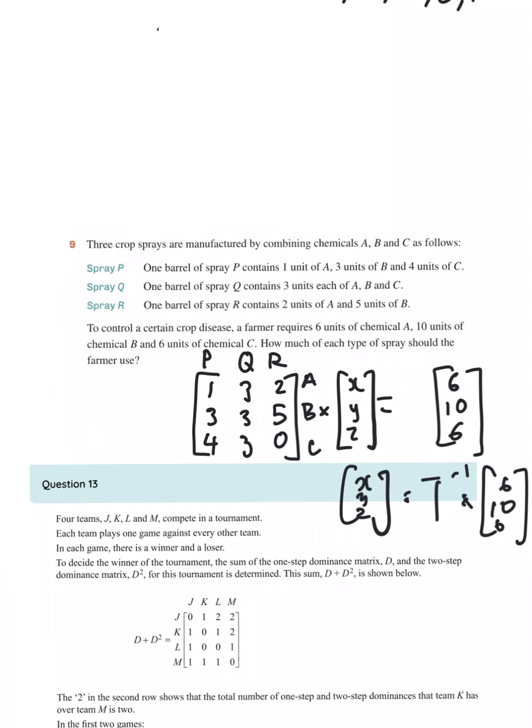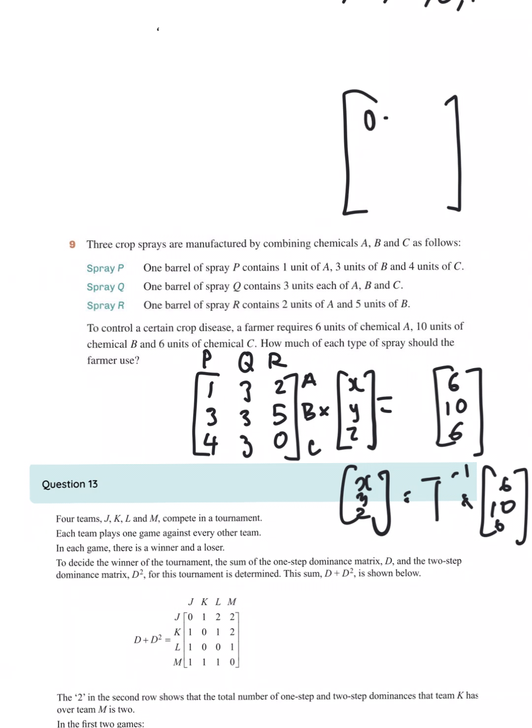How much of each type of spray should the farmer use? So I've got the answer. I'll just write it up here. It doesn't say how many decimal places, so I'm just going to use 2. But yeah, it would be nice if the question said.